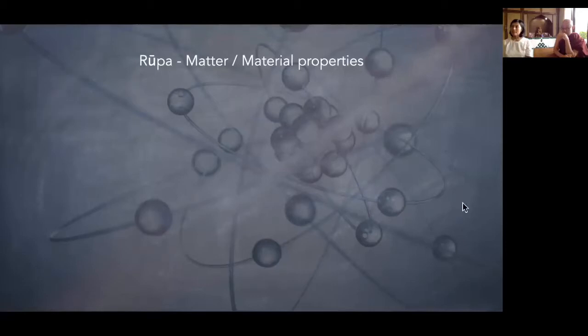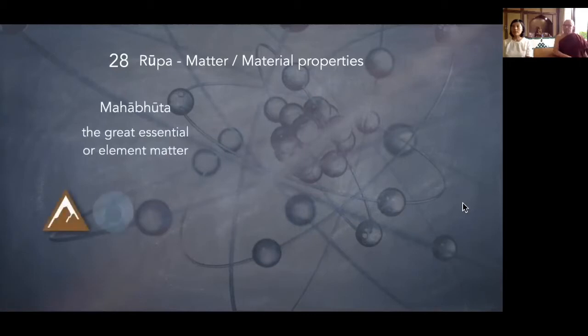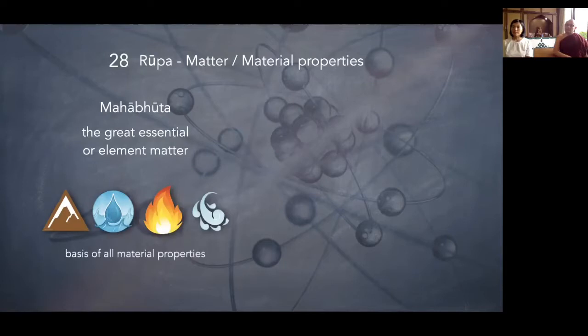We have seen that there are 28 kinds of material properties named by the Buddha in the Abhidhamma, and 4 of them are called the Mahabhuta, which are the great essentials or element matters. So earth, water, fire, and air, and they are the basis of all material properties.